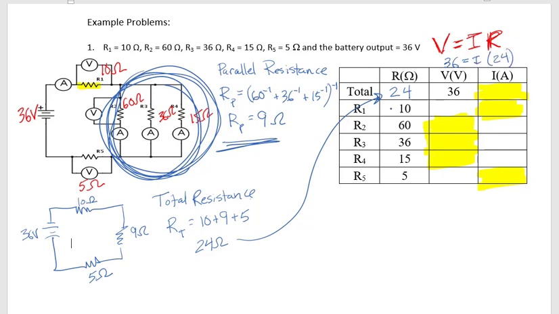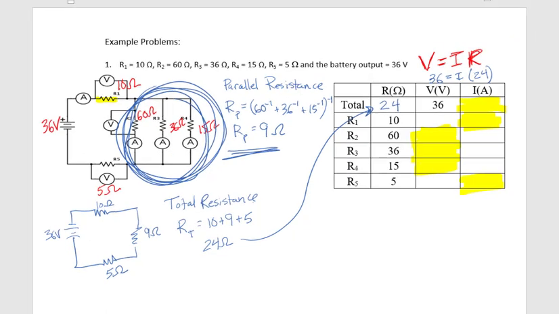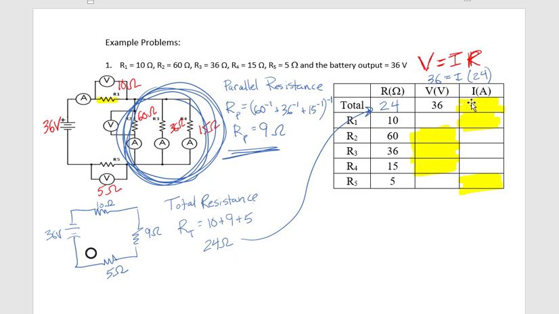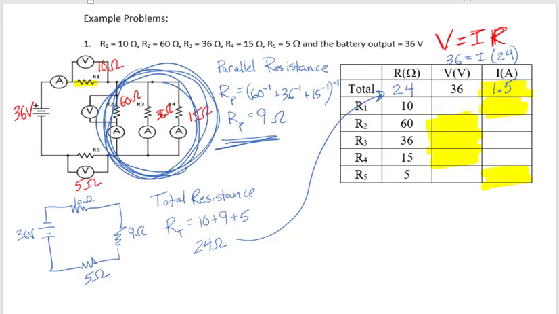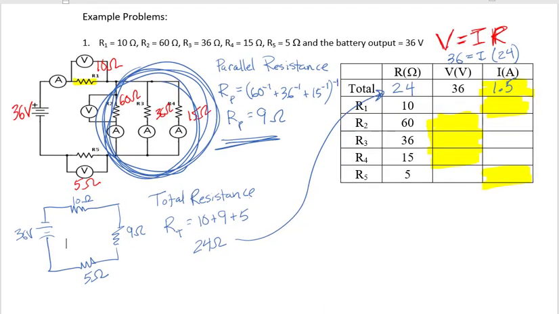Taking the numbers right from here, we should be able to find this number right here. If you divide 36 by 24, you come up with 1.5. Okay, so now that's highlighted. We know that that's our total current.